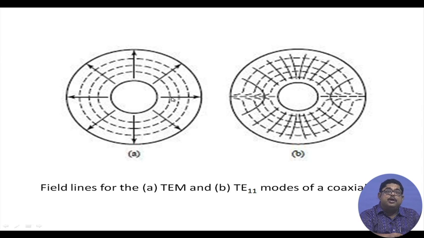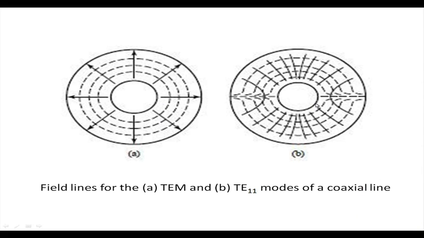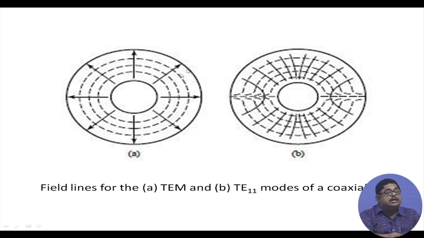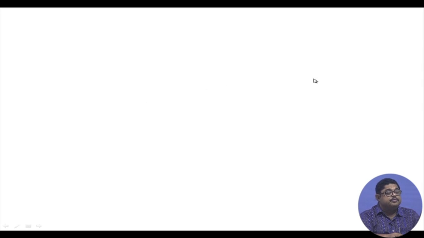Tangential to that at any point gives you the field direction. So, this magnetic field is azimuthally directed, whereas you see the electric field line of a T11 mode in the same coax is not exactly radial. It has some parabolic shape at the two points, and it also has a curvature at all the points, whereas the magnetic field looks the same.